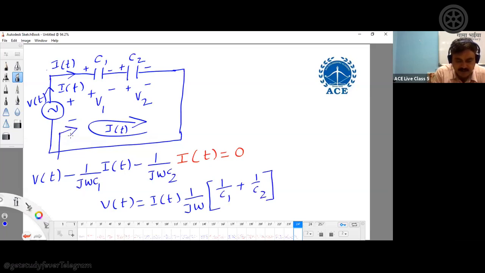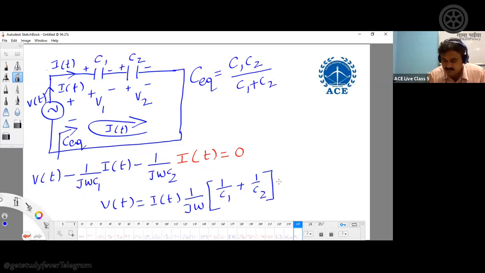So the C equivalent we are calculating across the source terminals. What will be the value of C equivalent? If you simplify this, you will get C1 C2 divided by C1 plus C2. So we are writing this as I of t into 1 by j omega times C1 C2 divided by C1 plus C2.